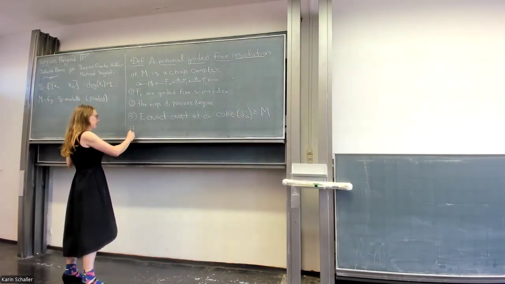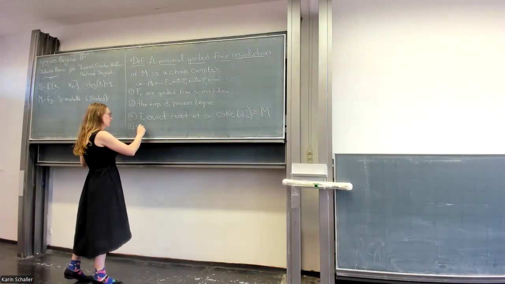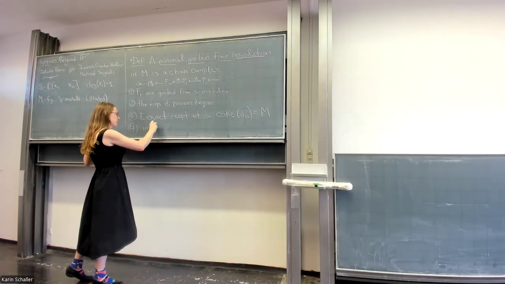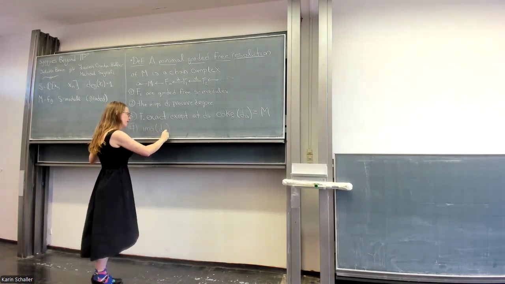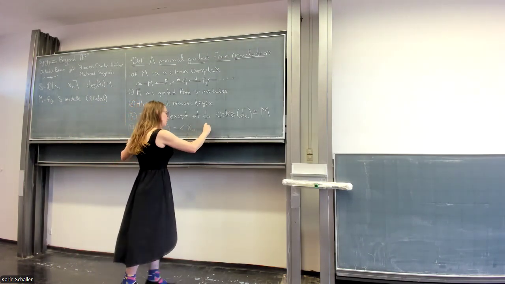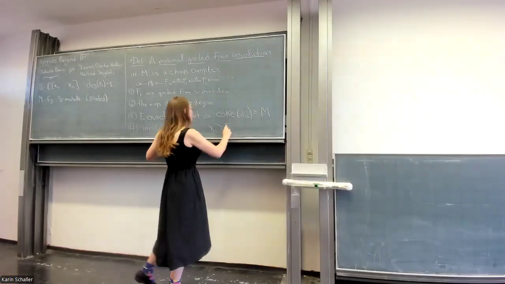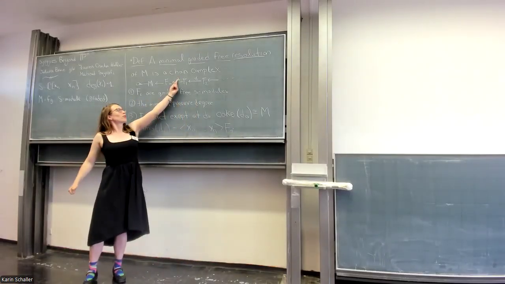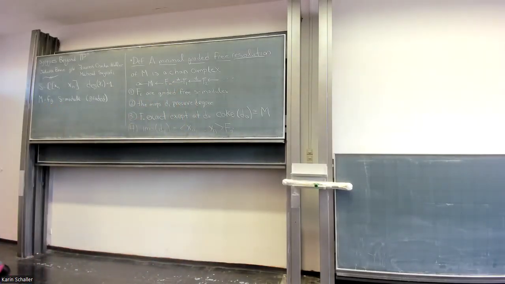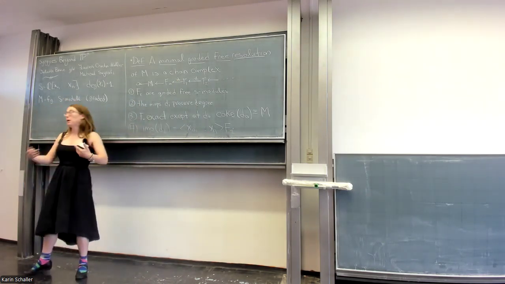So this is free, this is graded, this is resolution. The last condition is minimal, and the minimal condition tells me that the image of my differential di has to land in the maximal ideal (x0 through xn) times Fi. Essentially, if we wrote down these differentials as matrices, because I fixed generators on each side, this condition would tell me that every entry of that matrix has positive degree.